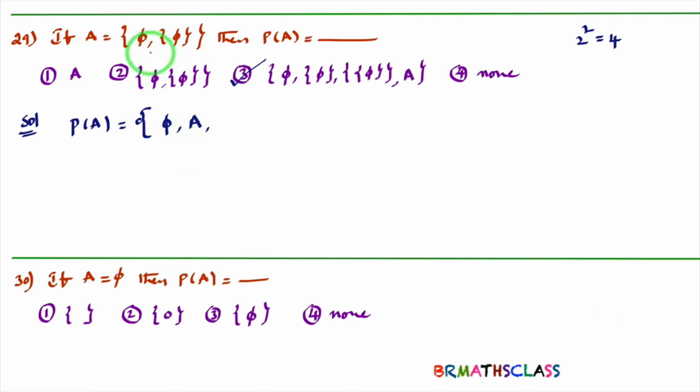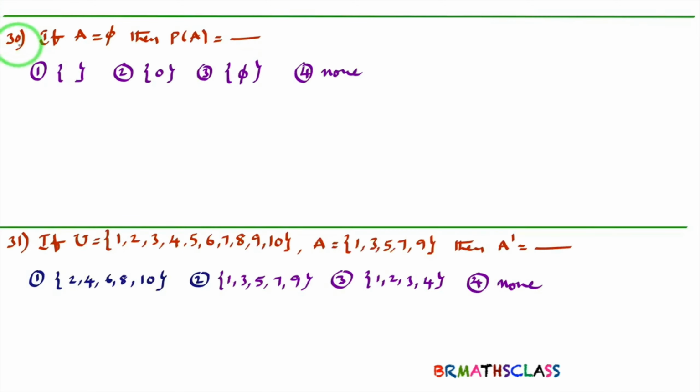Next, singleton elements. See here, what is the singleton element? This is one subset of A. This is subset of A or not? Yes. And I'll write one more, that is like this. Or else directly by seeing the options you can decide. If set A contains 2 elements, P of A contains 4 elements. So from that directly we can choose this option.